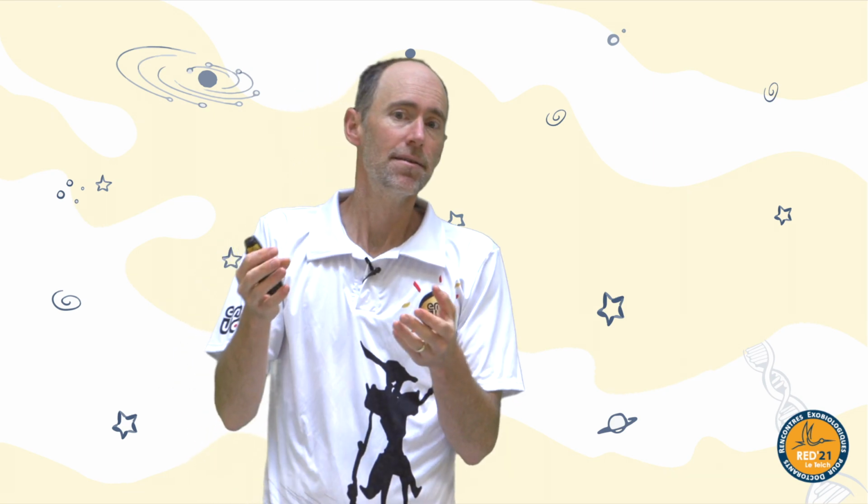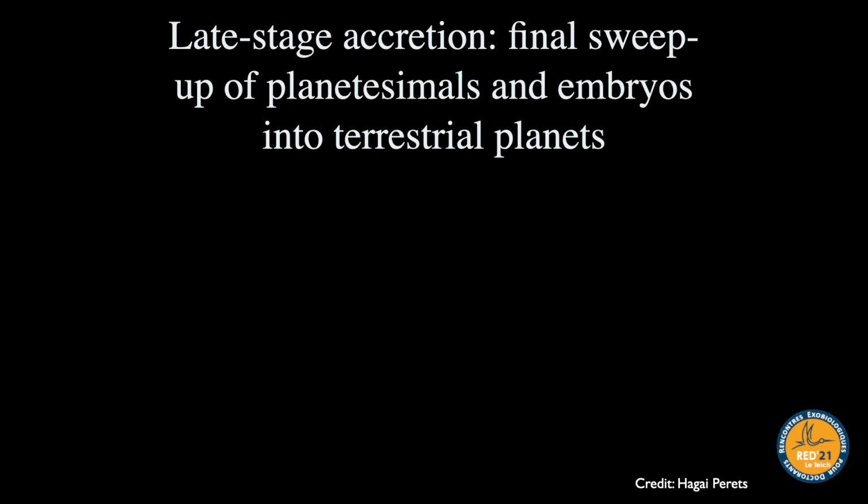If they are migrating, for example, then some planets can still migrate while others have stopped because there's only gas in certain areas. And the final sweep up after the gas is gone, the final big energetic process of planet formation is this late stage accretion, this final sweep up of leftover planetesimals and embryos into rocky planets after the gas is gone.